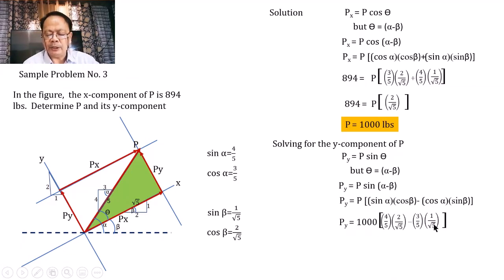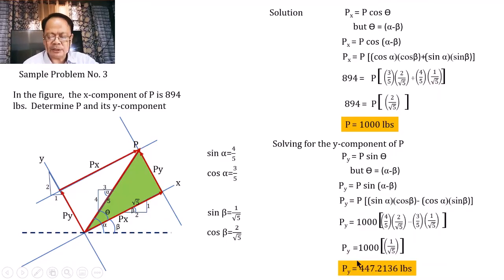So we can just combine the numerators as the difference between 8 and 3. 8 minus 3 is 5. 5 will cancel also. This becomes, therefore, 1,000 multiplied by 1 over the square root of 5. And when this is simplified, this gives us a value of 447.2136 pounds.